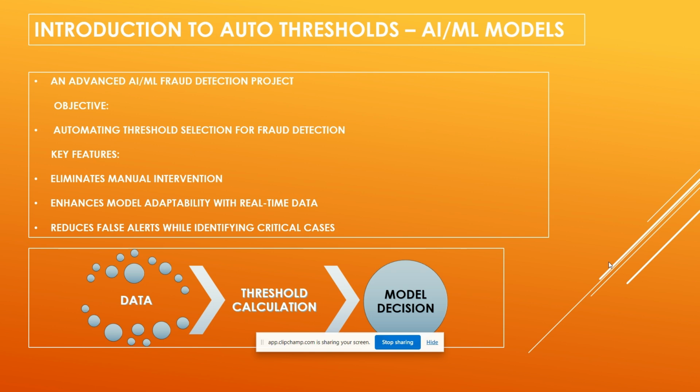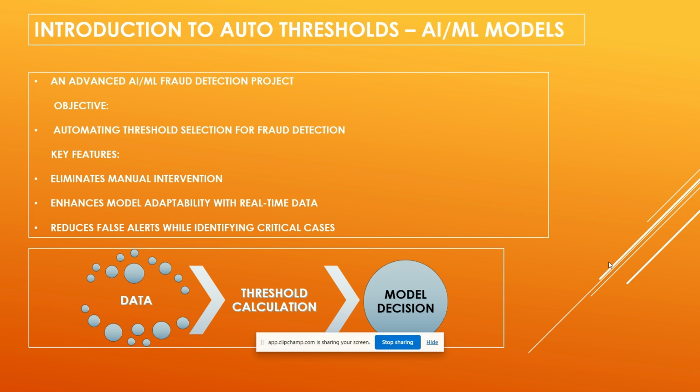We don't have to check what the highest probabilities are, or adjust the false positives and false negatives, or revise the fraud probabilities, thresholds, values, or scores, whatever you use in alert generation. So firstly, it eliminates that manual intervention.